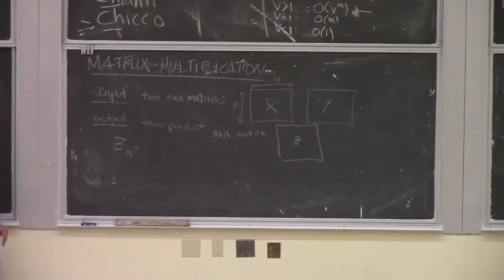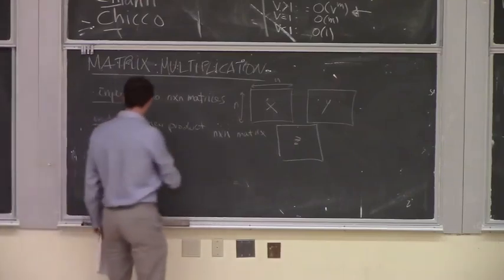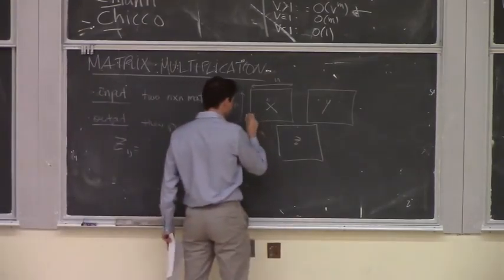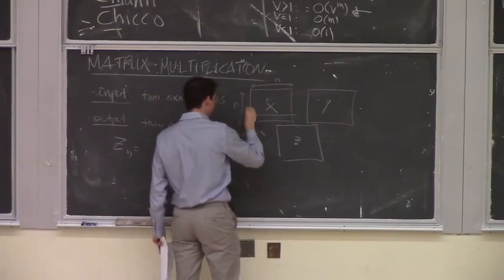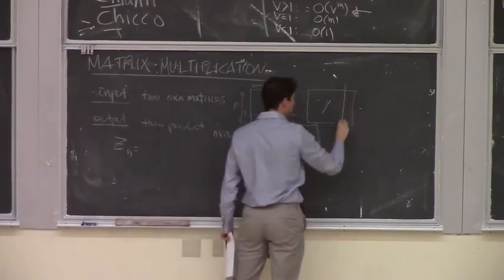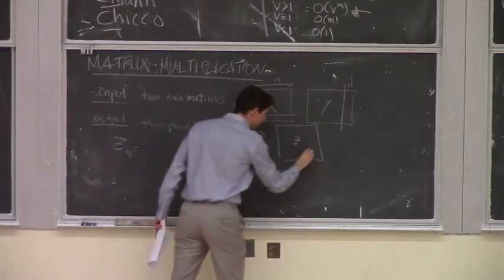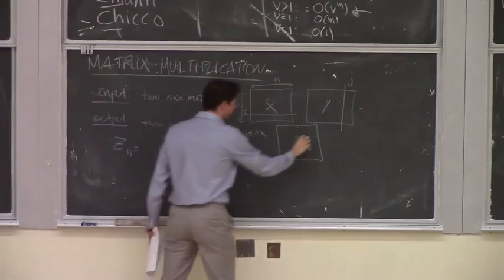Excellent. In the ijth entry of Z, you find the dot product of two vectors. One vector is the ith row of the X matrix, and the other one is the jth column of the Y matrix, and that will give you this ij entry here.